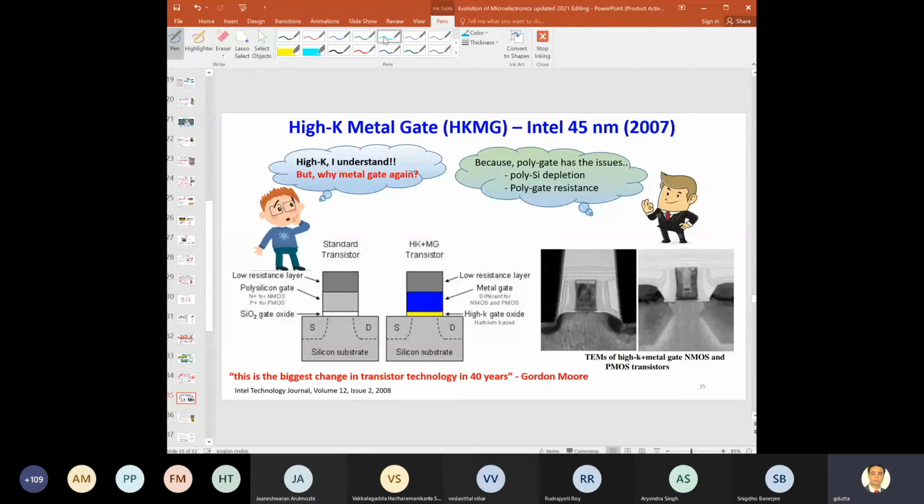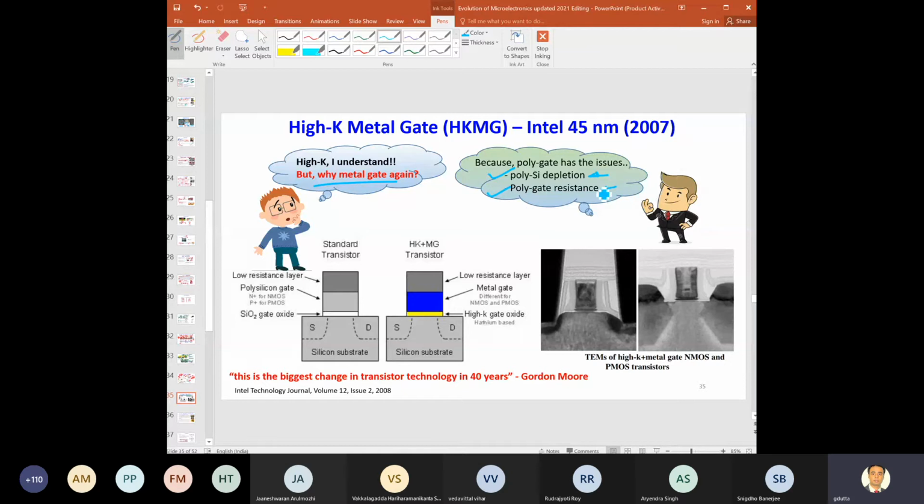Then what about the metal gate? High K we understood. Then why the metal gate? The issue with the polysilicon gate was the polysilicon depletion. I think you already know what the polysilicon depletion effect is, and the other one is polysilicon resistance, because polysilicons are doped, right?